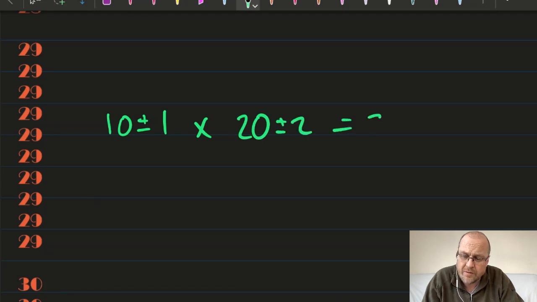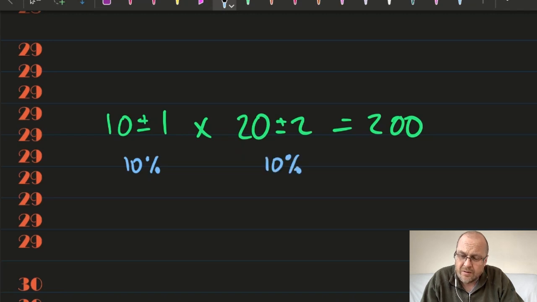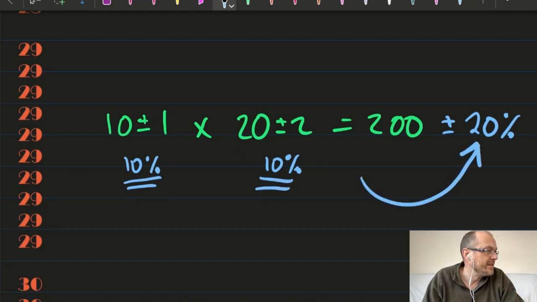So that's going to be 200. Now what would I do with those uncertainties? Well, this is a 10% uncertainty, and that's also a 10% uncertainty. So the actual uncertainty was plus or minus 20%. So what I've done is I've summed the percentage uncertainties. So percent uncertainties are added. D. 29 is D.